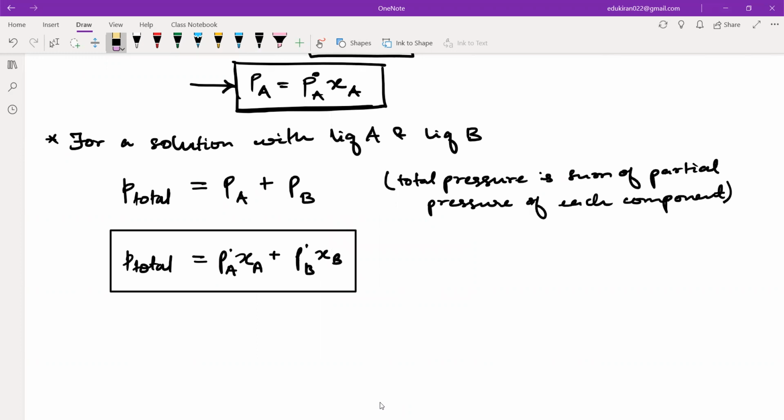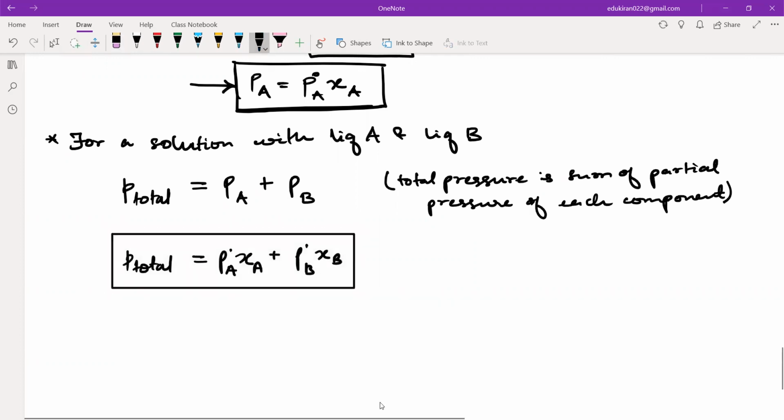And there is also one more way in which we can write this law. All of us know that chi A plus chi B is equal to 1.